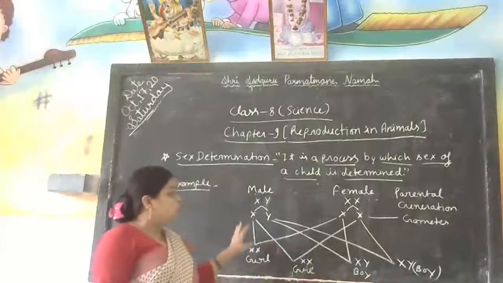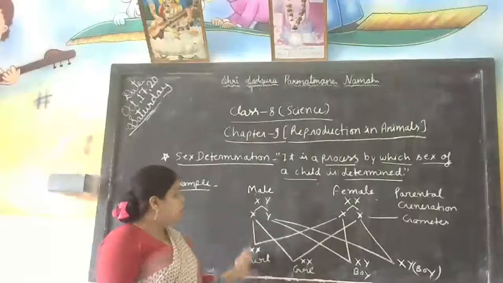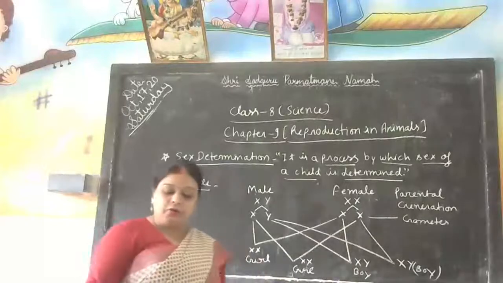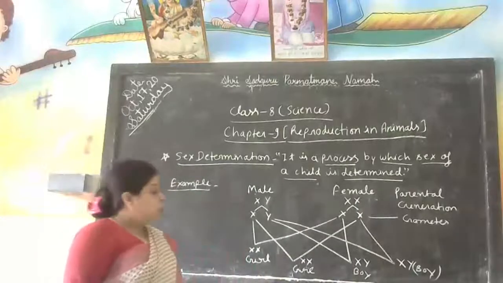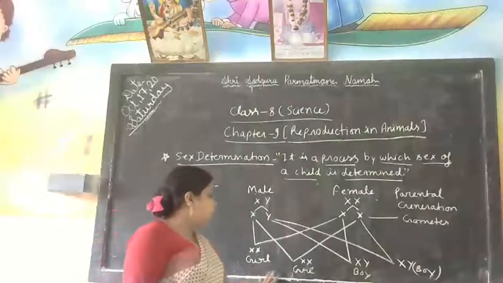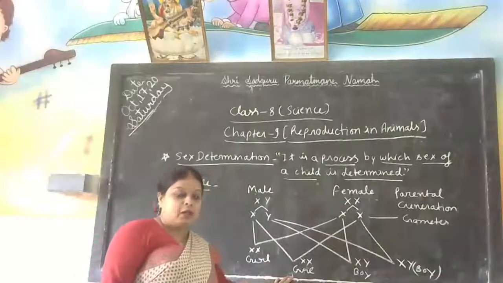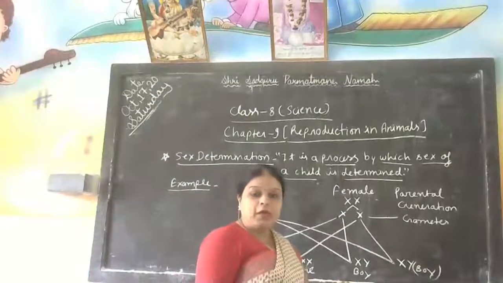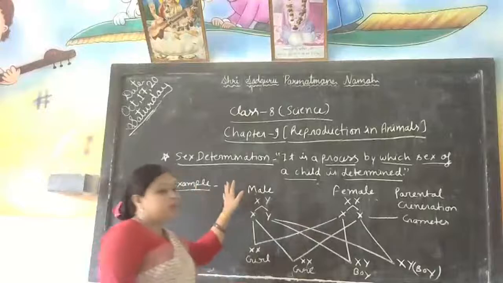Okay, so here we can see that there is a 50-50% chance of boy and girl child. 50% children will be girls and 50% children will be boys. Okay, understand? This is sex determination.